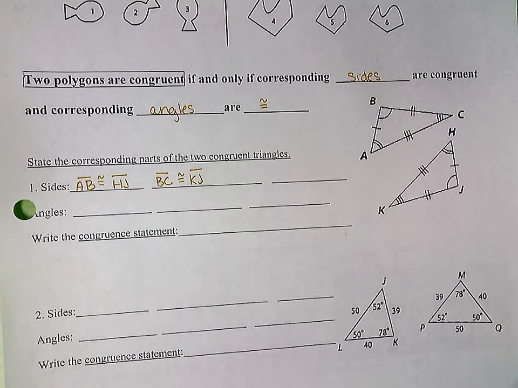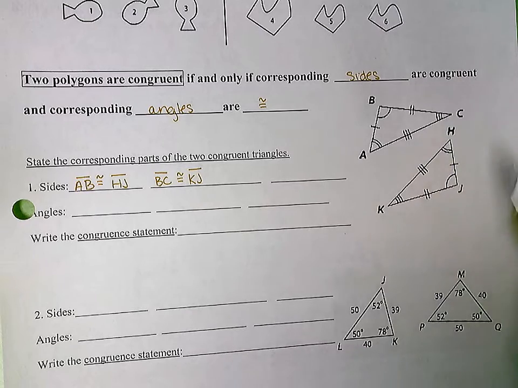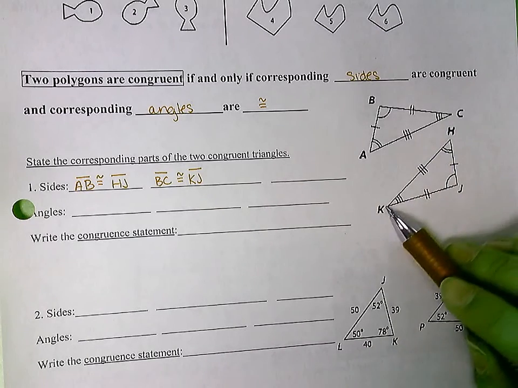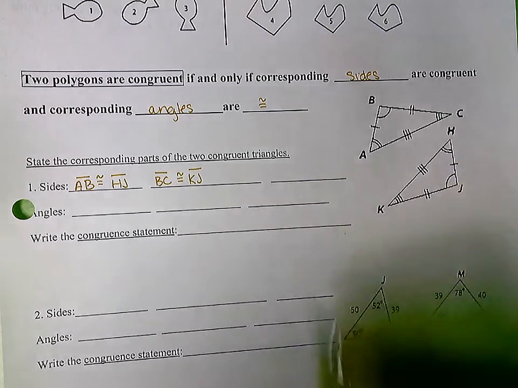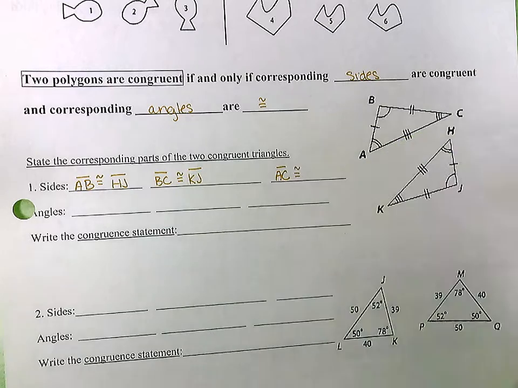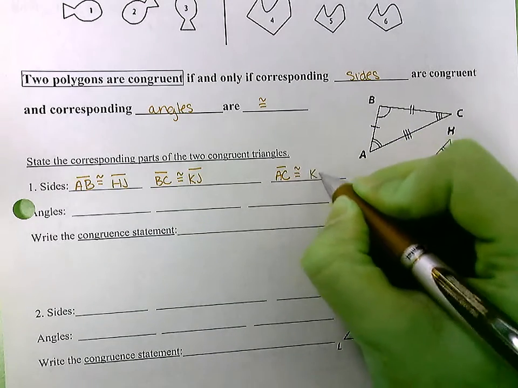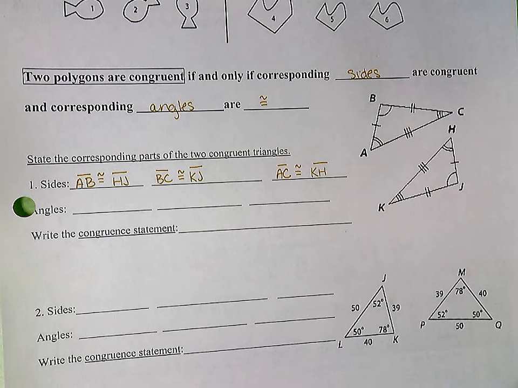Then the last side would be AC. That has 3 dashes through it. My side in my other triangle with 3 dashes is KH. So I would write this out as AC is congruent to KH. Those are your 3 sides that are congruent to each other.